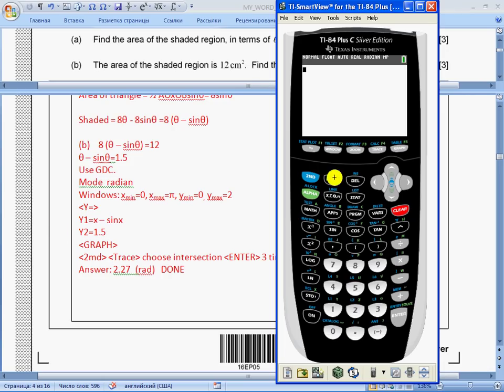And I will use the calculator in the following manner. So y1 will be x minus sine x, and y2 will be 1.5. So let us see how the graph looks.